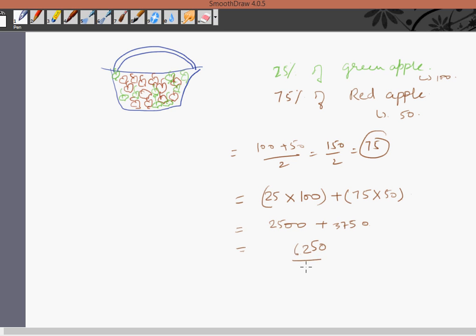Now if I take the weighted average, it comes out to be 62.5. So here is the weighted average of the apples, based on the abundance of the varieties of apples in nature.